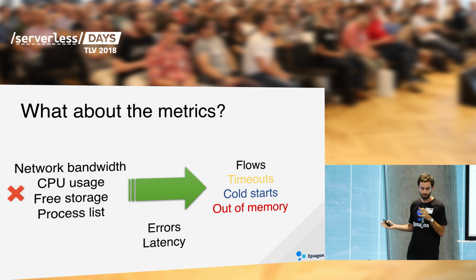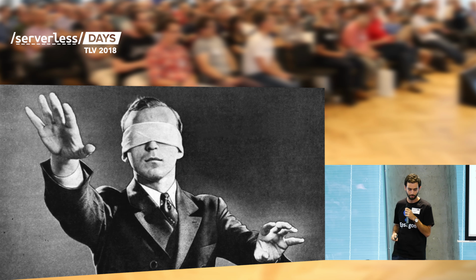We need to understand when we are close to timeout or when our user experiences timeout. Cold start, obviously, which is a phenomenon that started to happen in serverless, out of memory as well, and definitely errors and latency that remained throughout the years. But here we still need to understand them, and it's a bit different, and I'll talk about them.